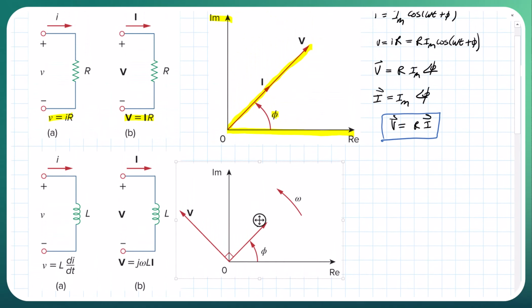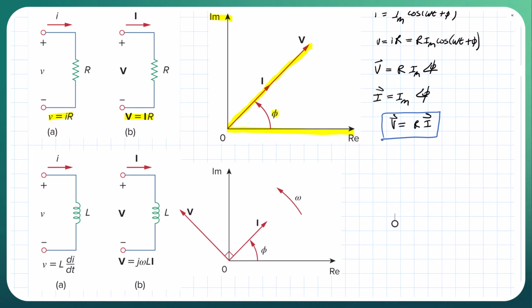We defined our current for our resistor, and we can do the same thing for the inductor. So for our inductor L, we're going to go through this process again. I is equal to Im cosine omega t plus phi.